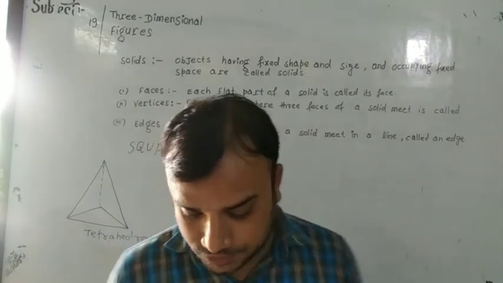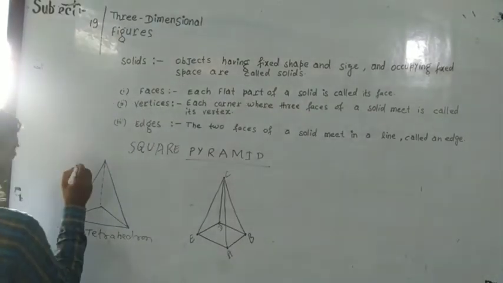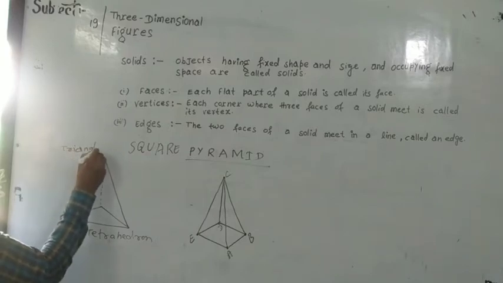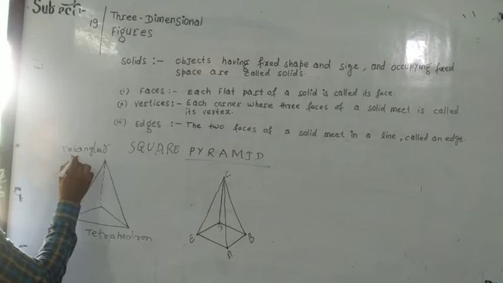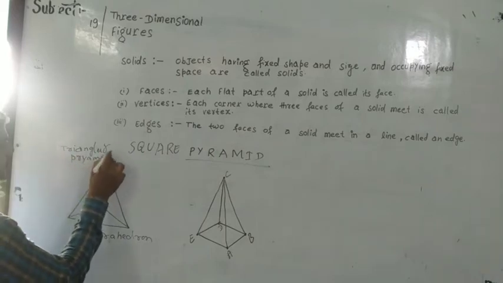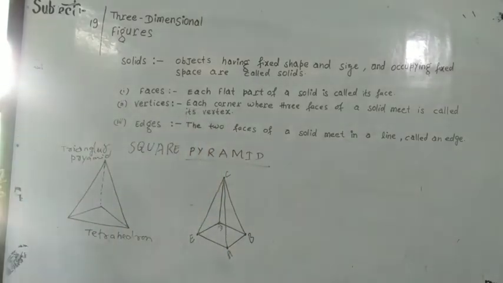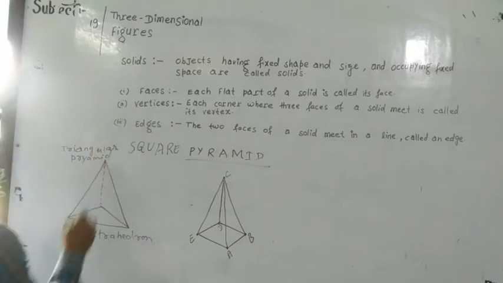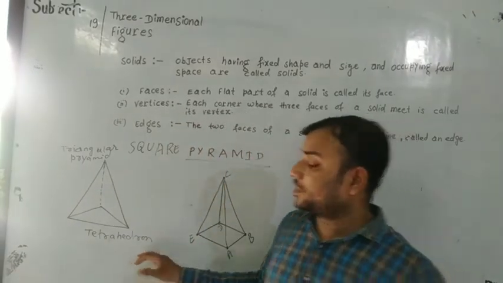That means a triangular pyramid is also called a tetrahedron.